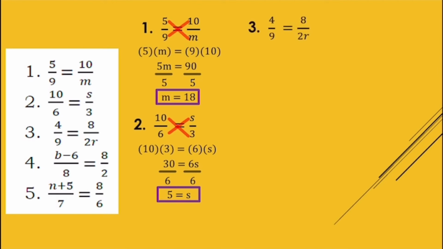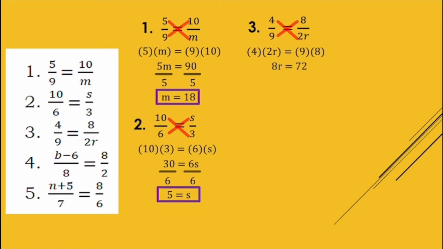For number 3, we have 4 over 9 is equal to 8 over 2r. Let's multiply 4 times 2r is equal to 9 times 8. So 4 times 2r is 8r, and 9 times 8 is equal to 72.